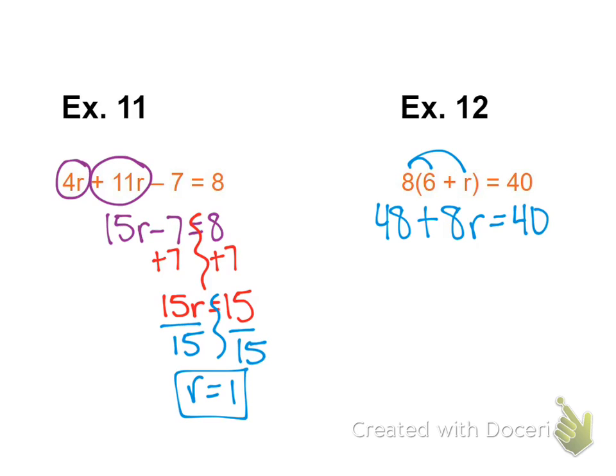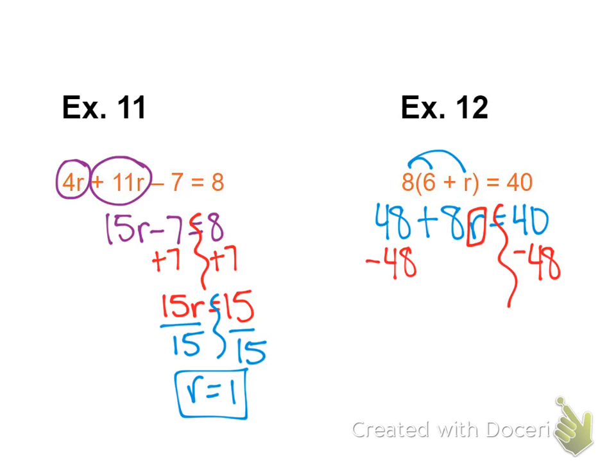Now this one's a little different from some of the ones we've done. What do you think we need to do? Subtract 48. Good. We're still trying to get rid of addition, subtraction stuff first. The 48's getting added. So in order to get rid of it, we subtract it. We want it to zero out. That's the whole idea.